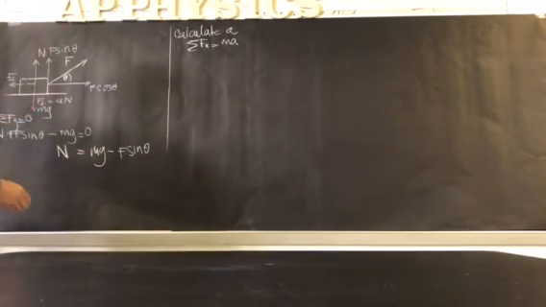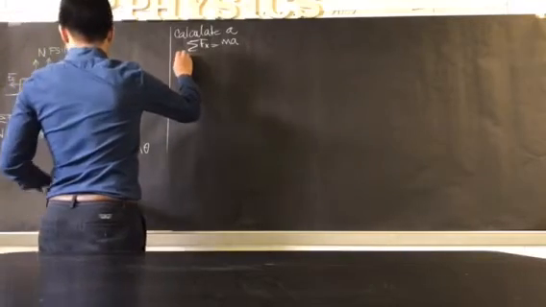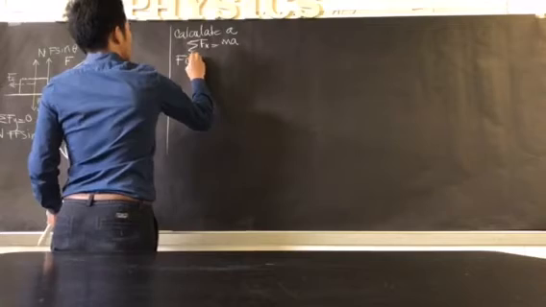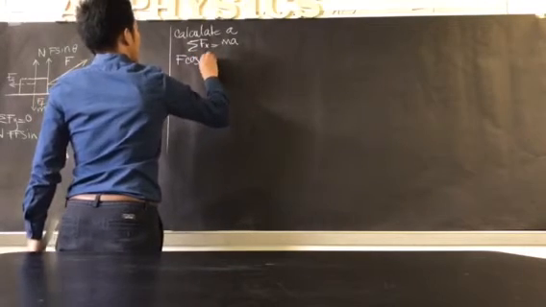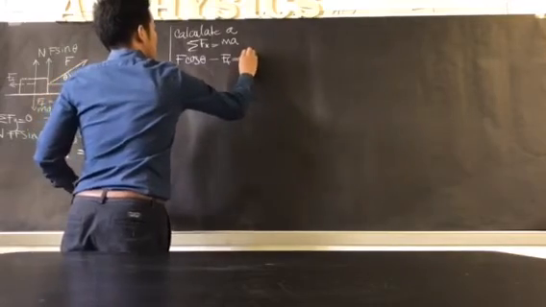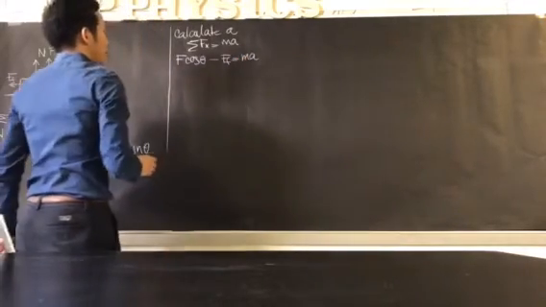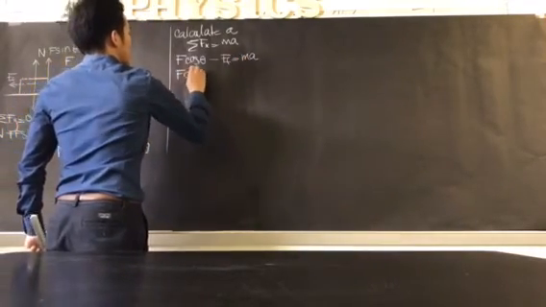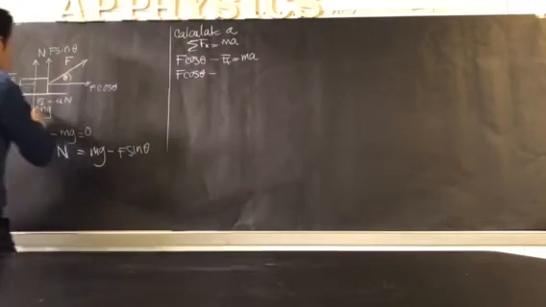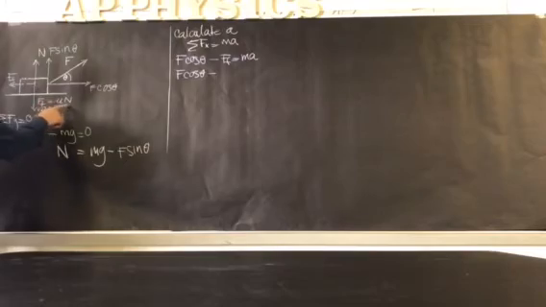We have two. We write the first force first: F cosine theta minus the frictional force is equal to ma. Now I copy this down. The formula for the friction force is mu N.